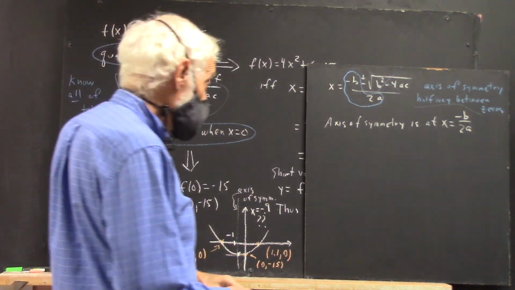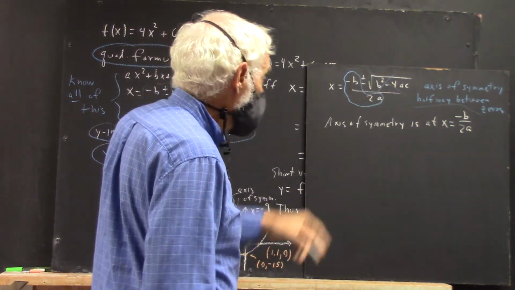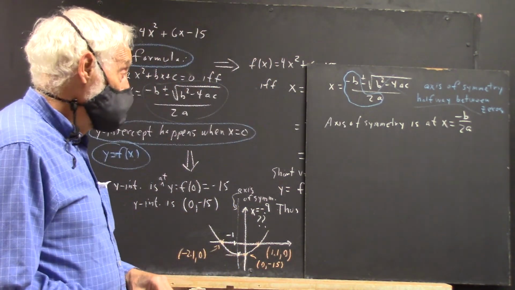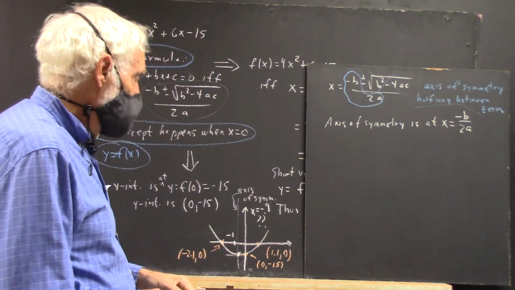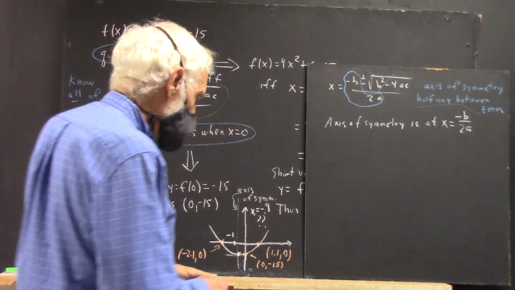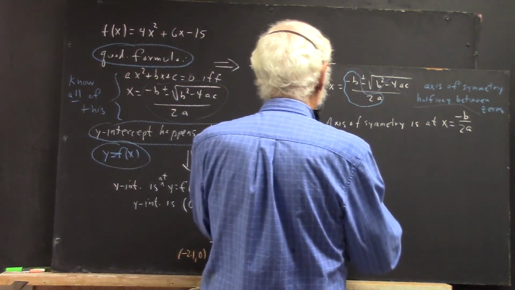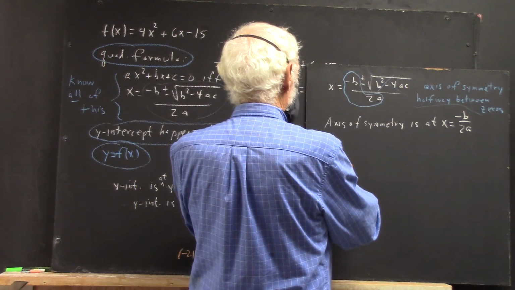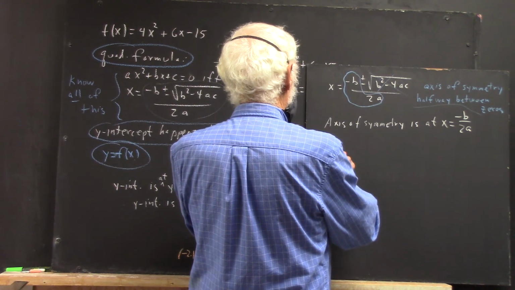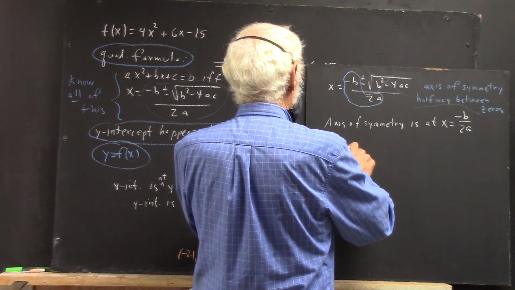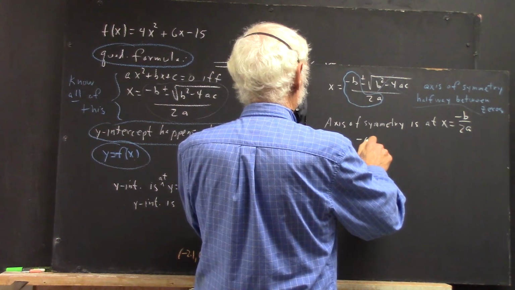So we kind of want to know that too. But concentrating on what this tells us about the graph, in this case, x equals negative 6.